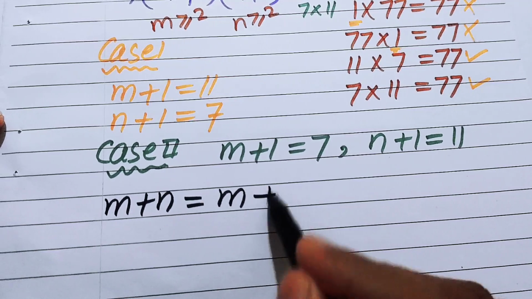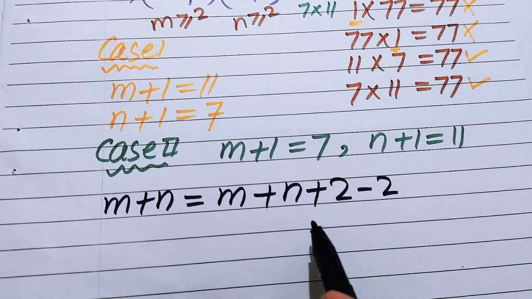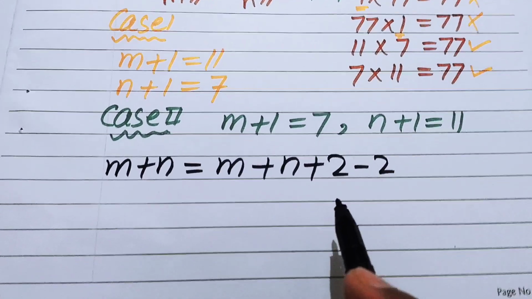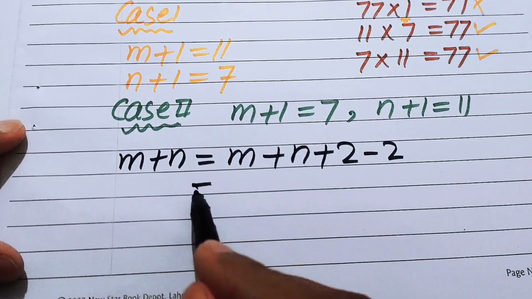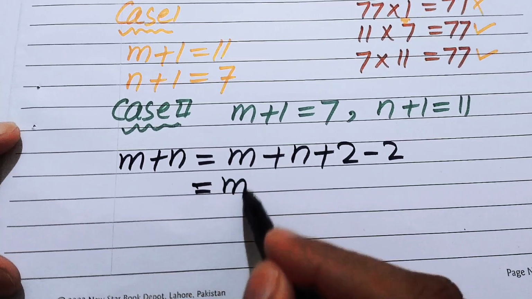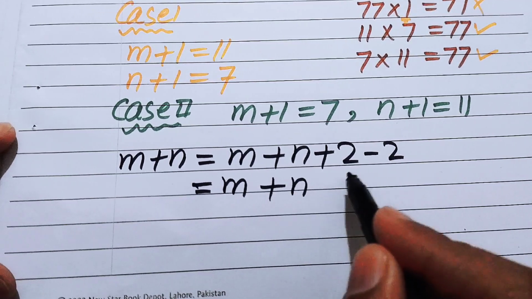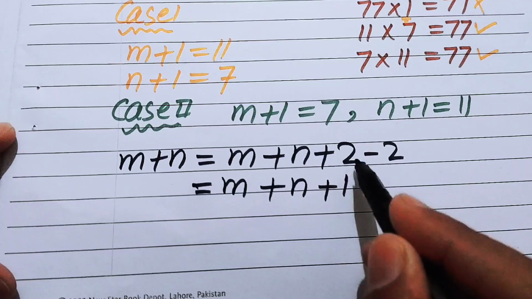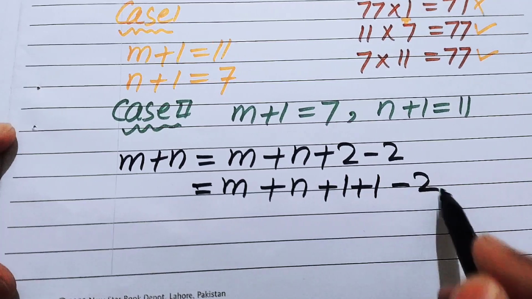So we have m plus n plus 2 minus 2. Here we just add and subtract 2. Now we rewrite this equation in this way: we write plus 2 as 1 plus 1, and this is minus 2.